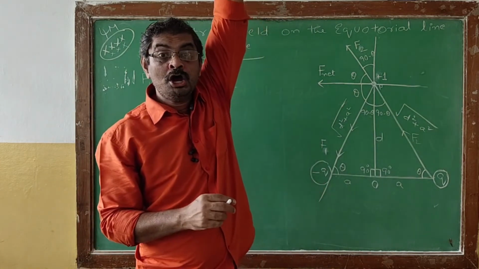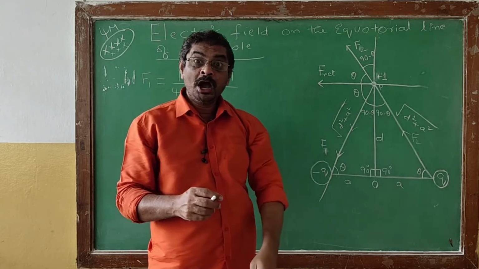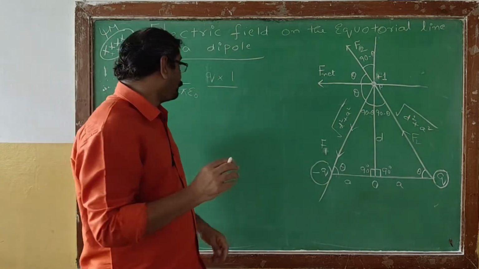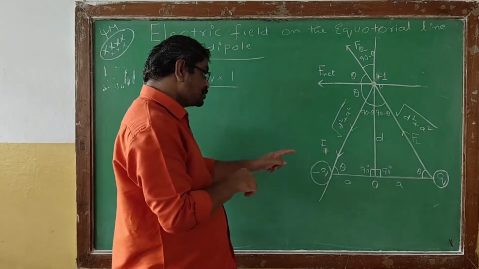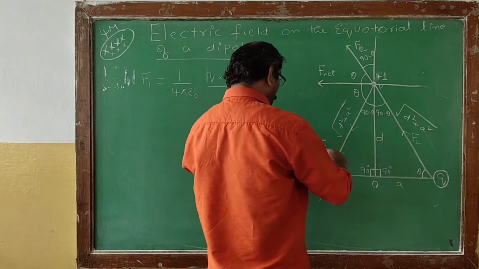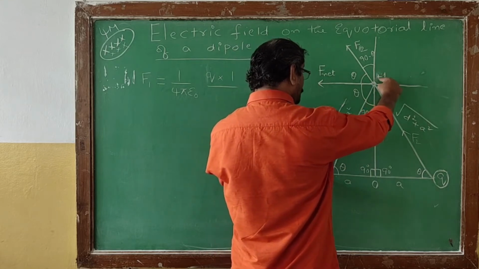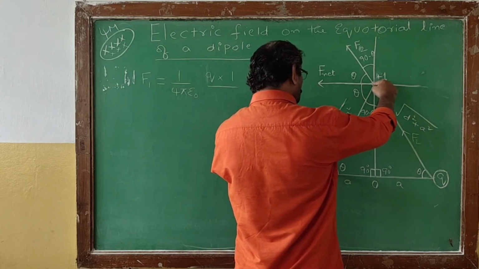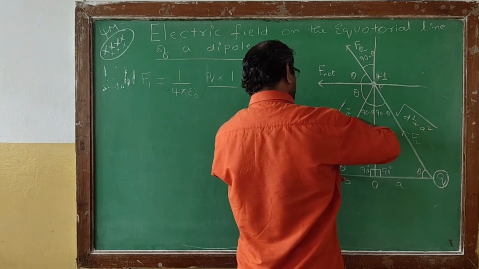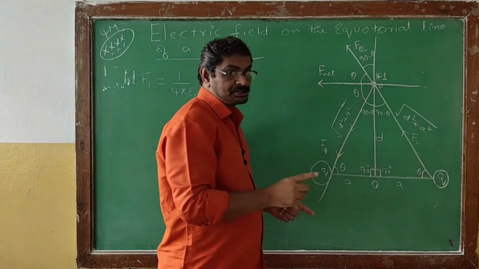So remember, I am calculating the magnitude of the attractive force F1. F1 will be the attractive force between the negative charge and the unit charge, and both of them are separated by a distance under root of d square plus a square.